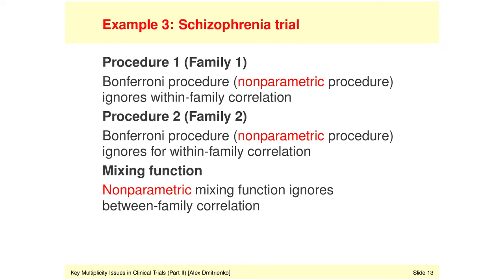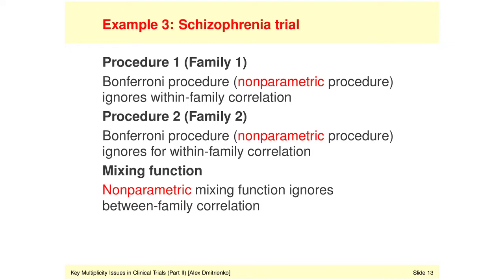What we defined on slide 12 was essentially a general outline. It's a general set of rules for constructing mixture-based gatekeeping procedures, and I think it will be very helpful to give a few examples here. What we're going to do now is to consider several scenarios with different types of building blocks or different types of component procedures applied within each family, and also different types of mixing functions that are used to combine the inferences across the families.